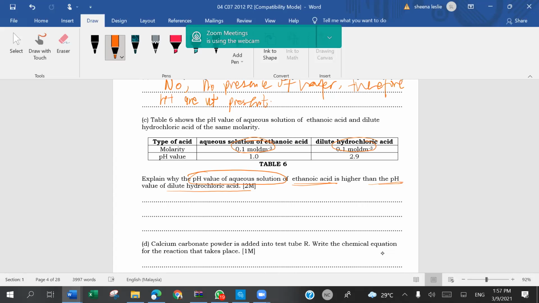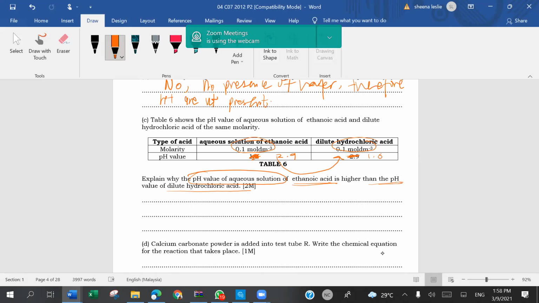Look at the pH value. Do you think the ethanoic acid on the graph is lower than hydrochloric acid? So it can't be wrong. Supposed to be dilute hydrochloric acid is 1.0. Ethanoic acid must be 2.9, because it is a weak acid.